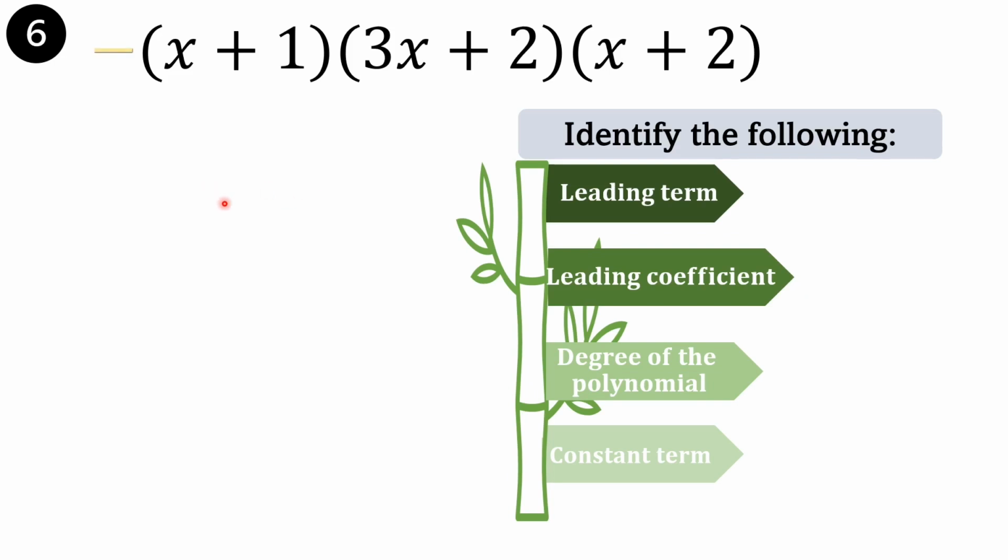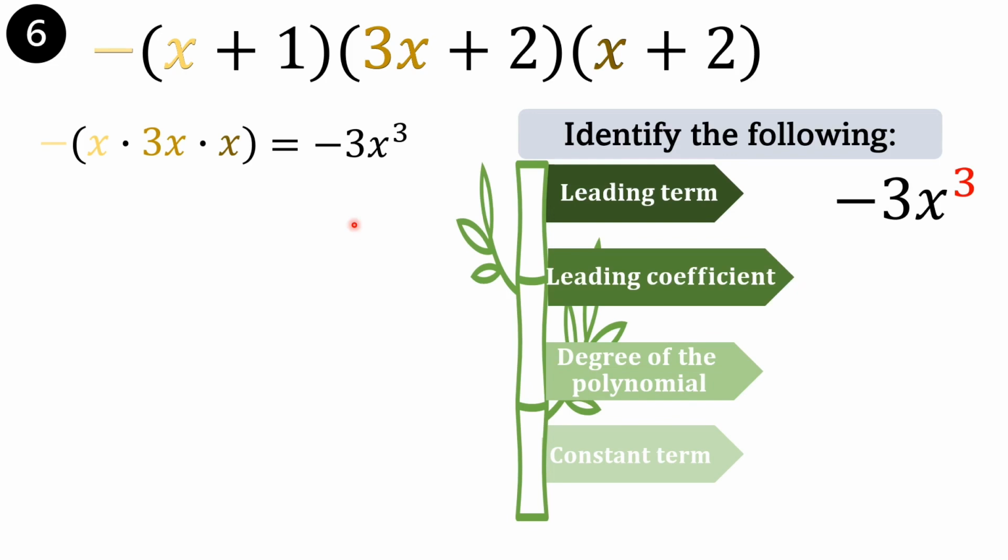To get the leading term, multiply negative times the first term of all three binomials. That is negative times x times 3x times x, which is equal to negative 3x cubed. That is the leading term. In the leading term, we have the leading coefficient, negative 3, and the degree, which is 3.